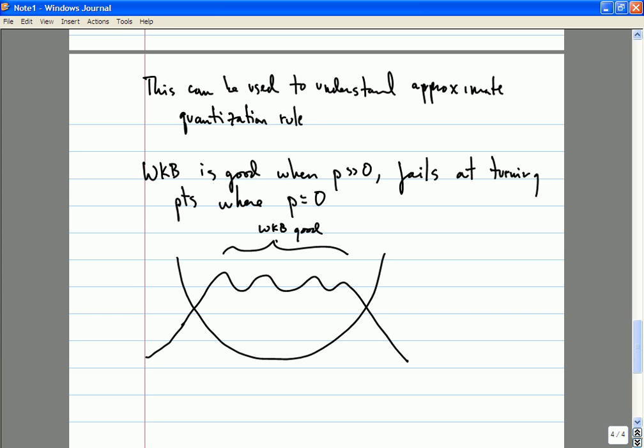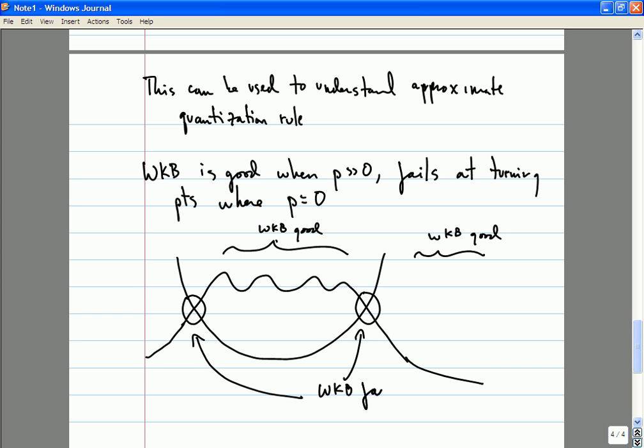We also expect WKB to be good out here, and it's the goodness of the approximation there that leads to our expressions for tunneling rates. And we expect WKB to fail near the turning points. Is that clear? Good.